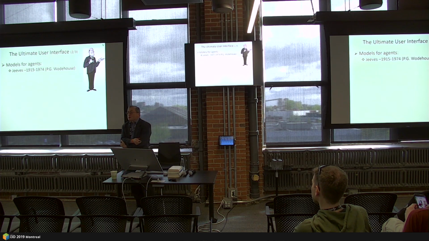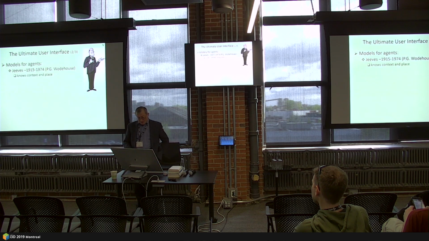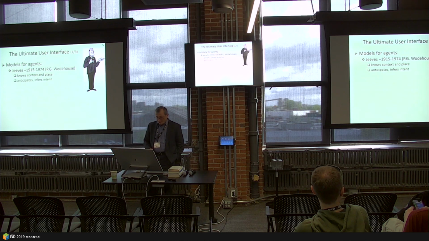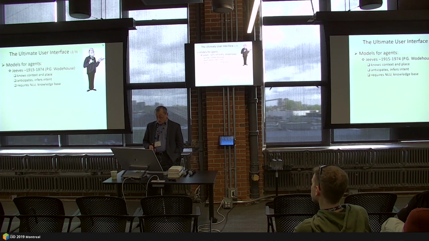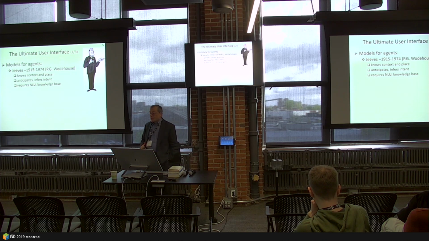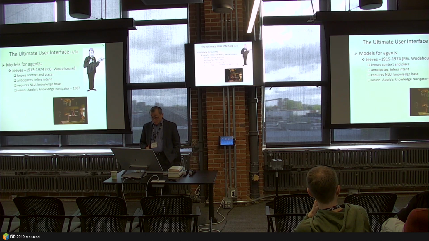The butler knows everything and can anticipate and deals with Bertie's complete history and context, and has this eubiety, is able to know what Bertie wants to do before Bertie knows it. Of course, agents like that have to have natural language understanding and a very complete knowledge base.